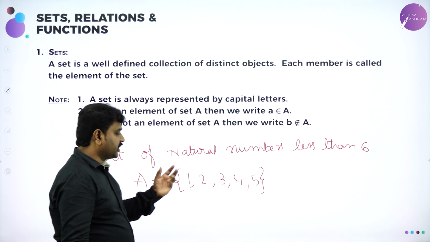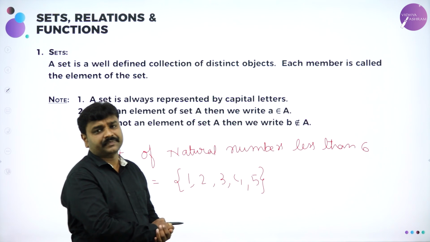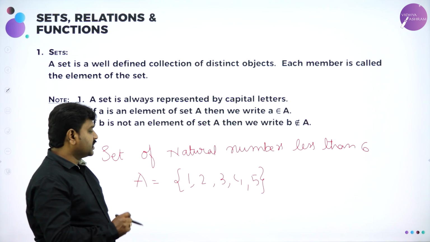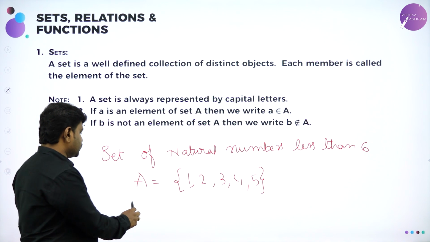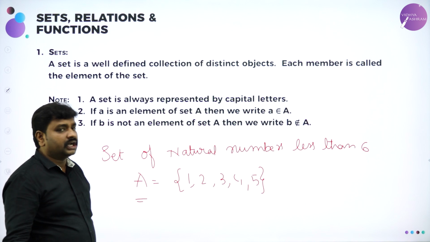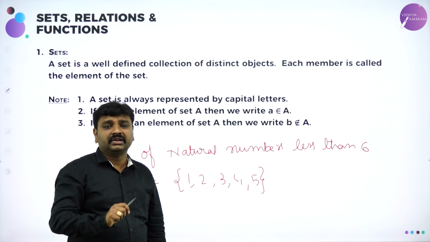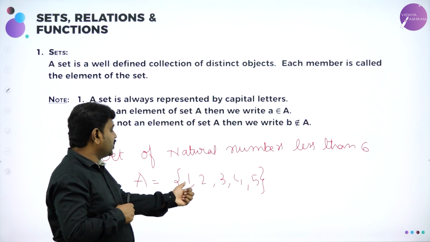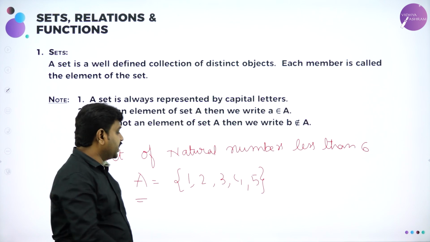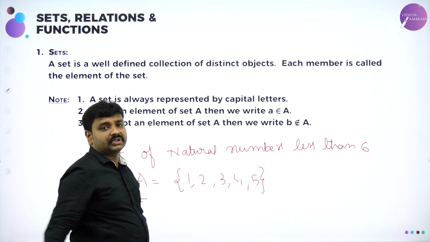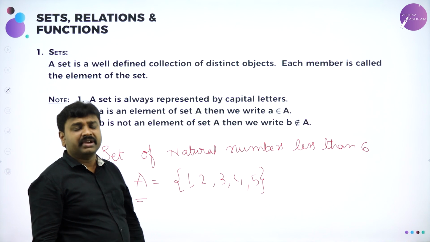The definition is: natural numbers less than 6. And here you have to understand how to represent a set. Always we write a set using a capital letter, and members of a set we call elements. Here 1, 2, 3, 4, 5 are called elements of the set. Each element should be separated by a comma.